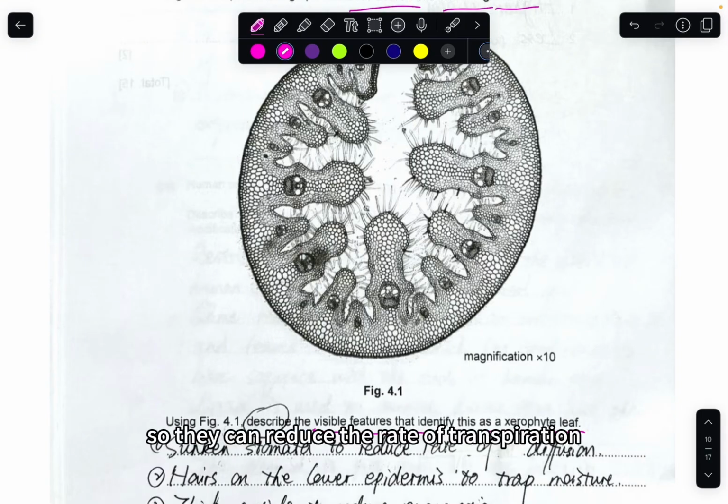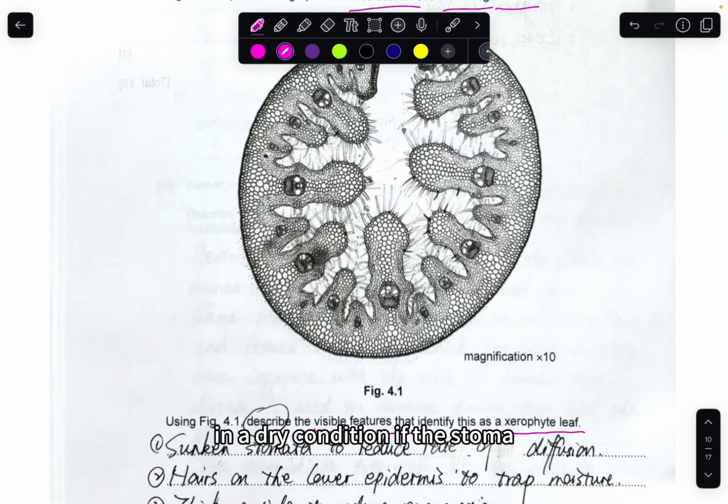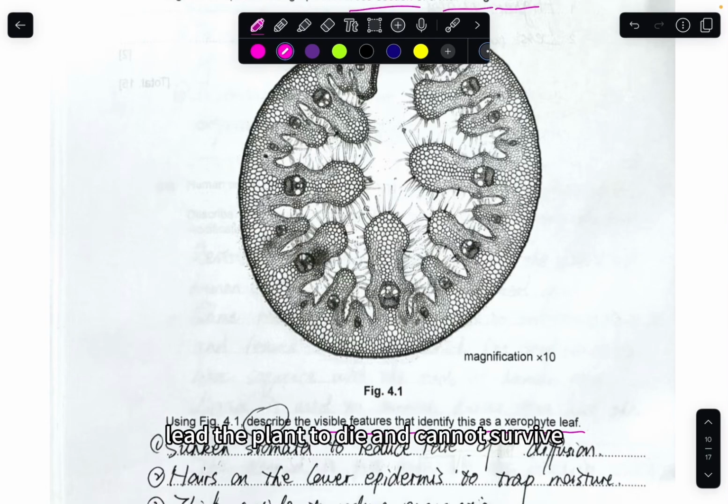So they can reduce the rate of transpiration, because when stomata are open, they lose water. In dry conditions, if the stomata are outside, they can lose more water, and this can lead the plant to die and not survive.